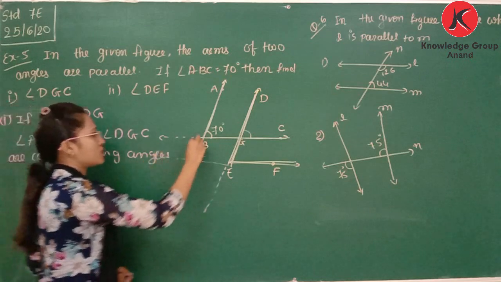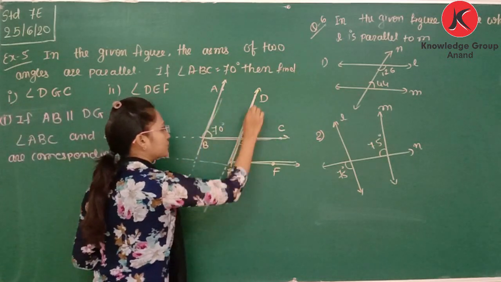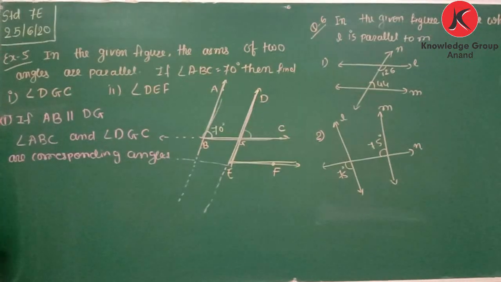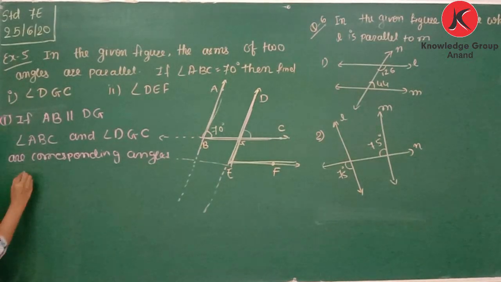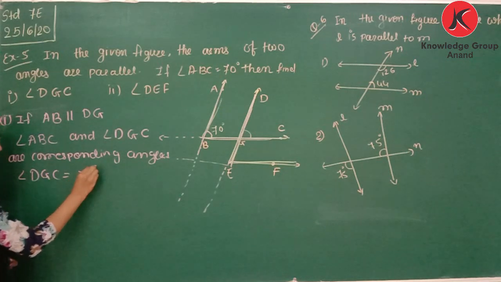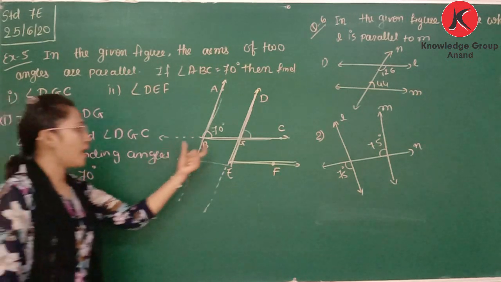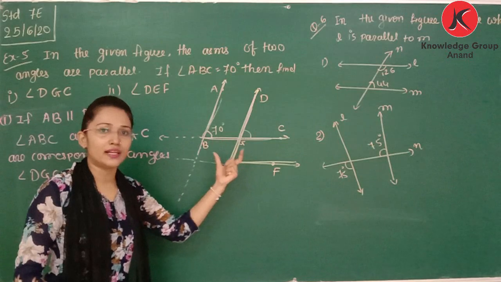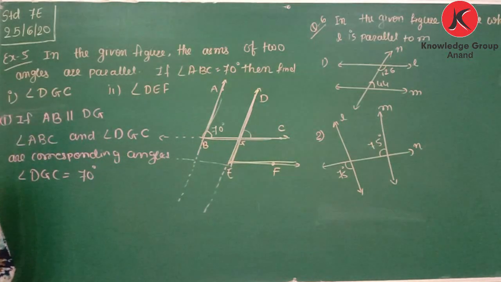Yes or no? Because you can see here F is formed. So if they are corresponding angles, angle DGC is also 70 degrees. Why? Because corresponding angles of parallel lines are of equal measure.